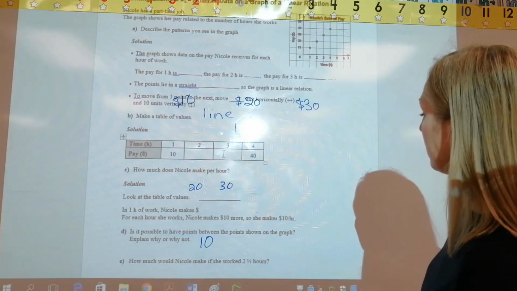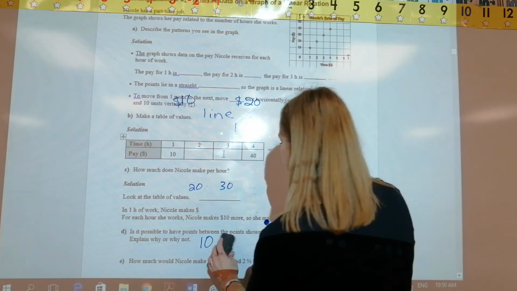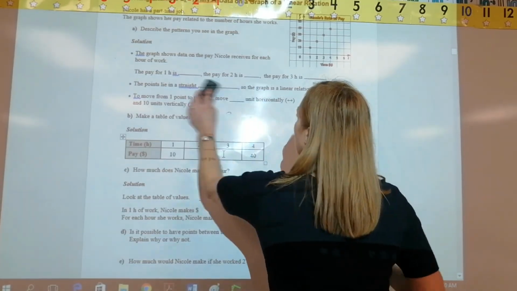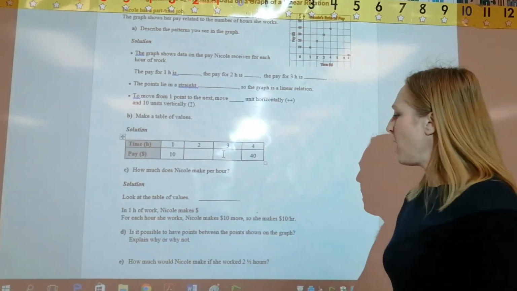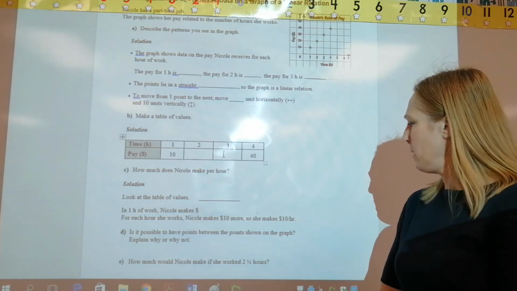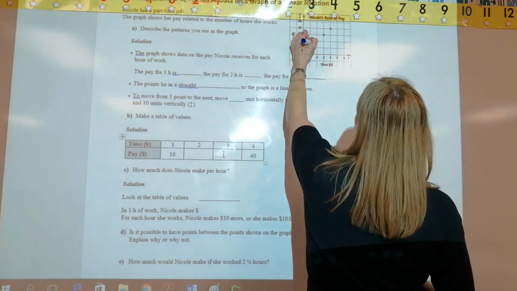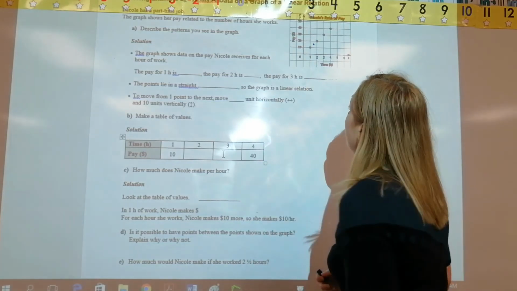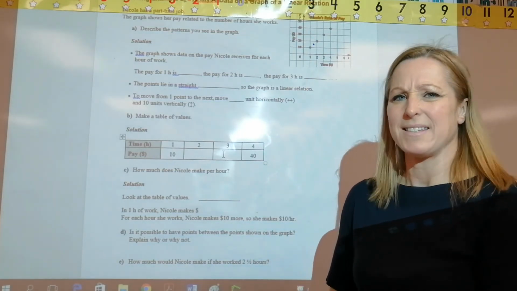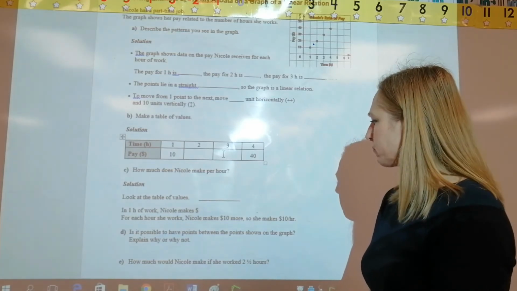Now here's a really interesting question. Is it possible to have points between the points shown on the graph? Well, can I have a point right there? Take a second to think about that.